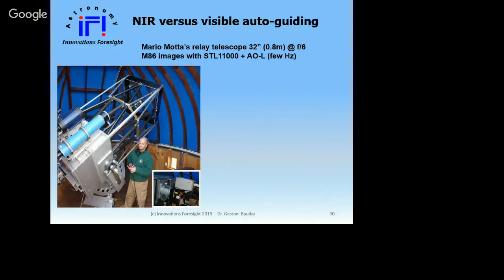I spent a couple of nights with him, and one of the things we did is look at imaging with his system in different configurations. He has, I don't know if he still does, an STL 11000 SB camera with an AO-L, and he was running that at a few hertz to take over some of the error from the mount, because it's a big mount and it's a custom mount, and he had to do that.